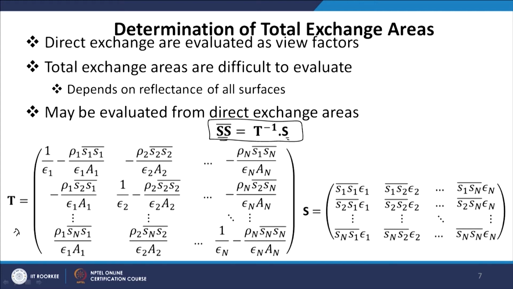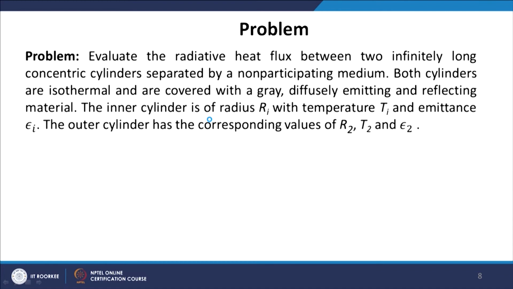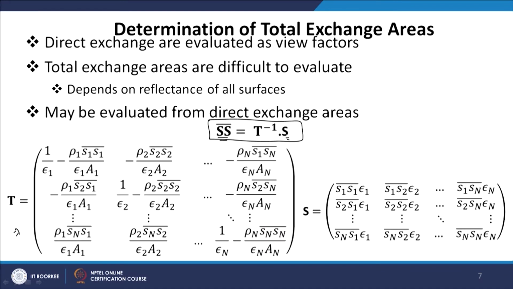The S contains direct exchange areas and T also contains direct exchange areas. When the inverse of T is multiplied by S, we get total exchange areas, and we will demonstrate it with the help of an example.